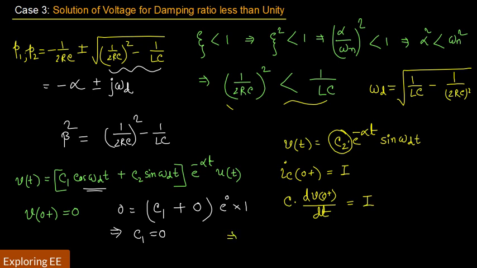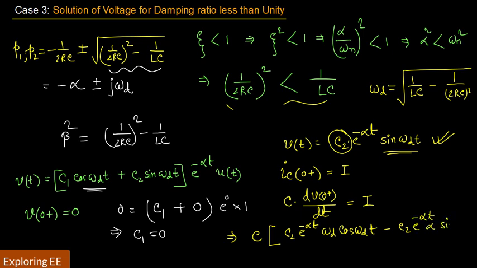So taking derivative of this expression with respect to time, we have C2 into e to the power minus alpha t omega d cos omega dt minus C2 e to the power minus alpha t into alpha into sin omega dt equal to I. This expression is valid for t equal to 0 plus.